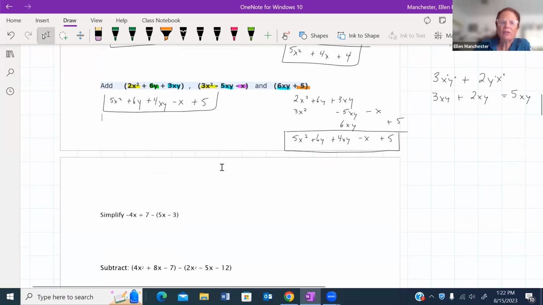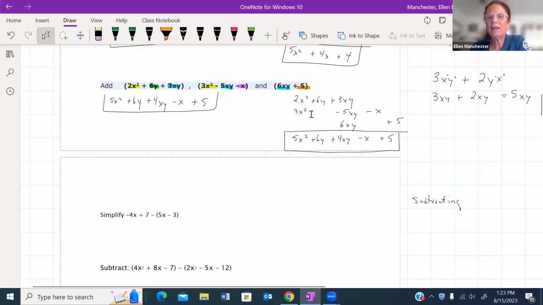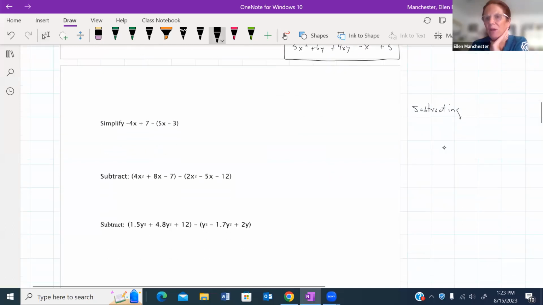Okay, so now this one, we're going to subtract. Subtraction makes it much more difficult to keep track of everything, and here's why. Let's go back to adding. When I add, it doesn't really matter what order I put it in. I can add 6y plus 2x squared or 2x squared plus 6y, it doesn't matter. But subtracting makes a big difference.